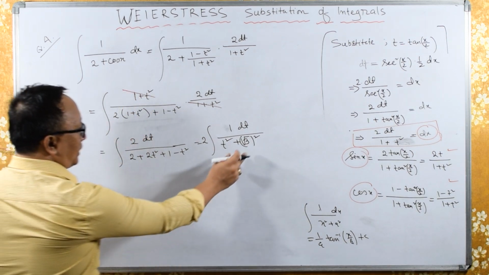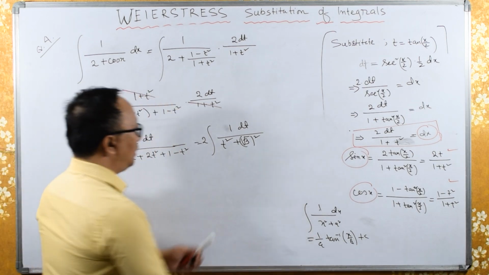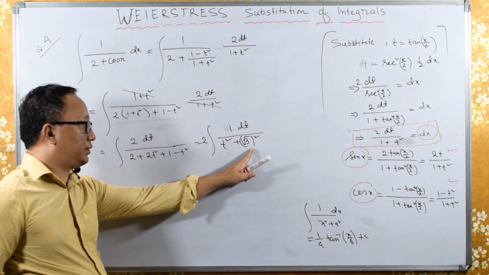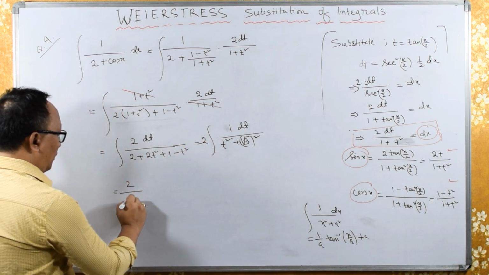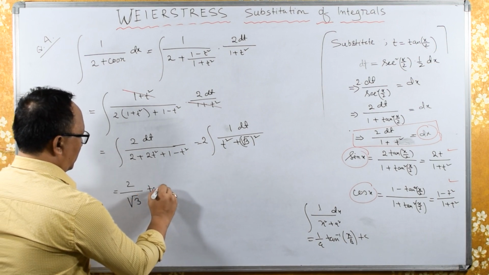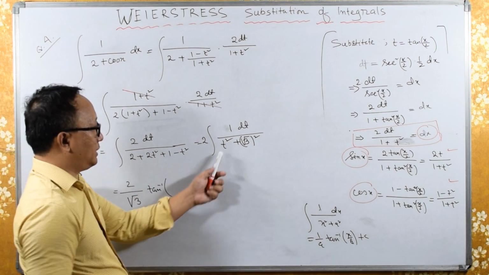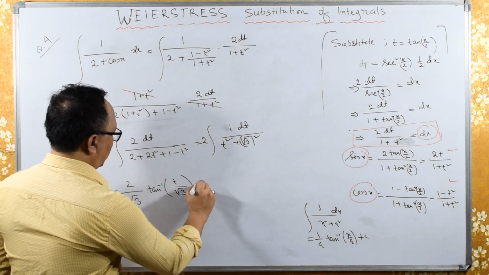This becomes a, therefore 1 by a. So here our a is root 3. So 2 already we have, therefore 2 upon, 1 by a means 1 by root 3, tan inverse x by a. What is x? Our t. a is root 3, plus c.